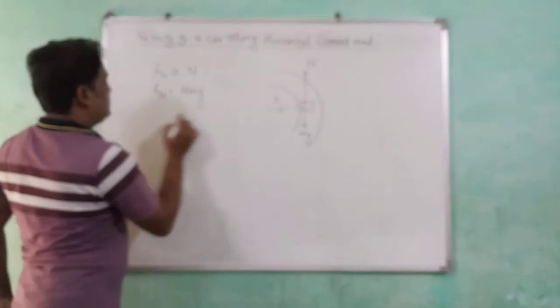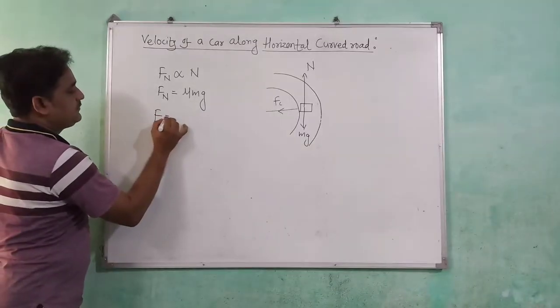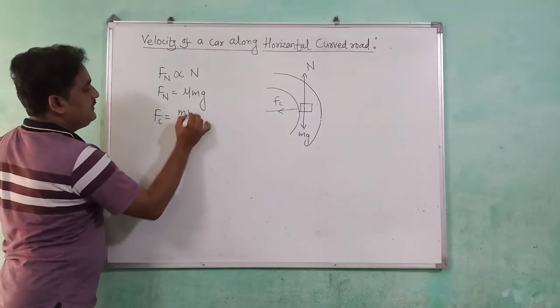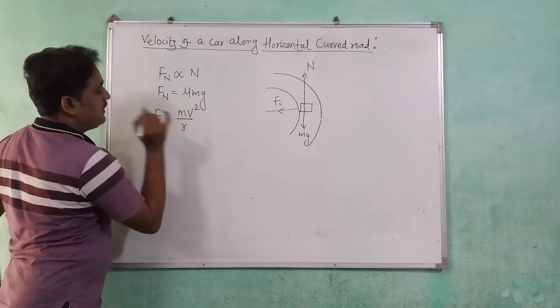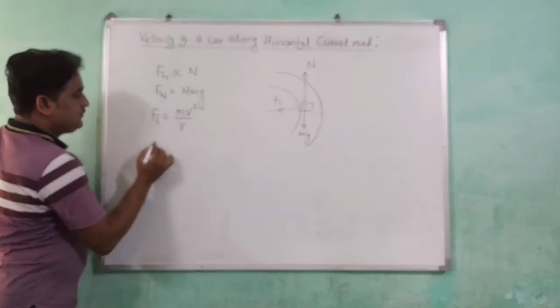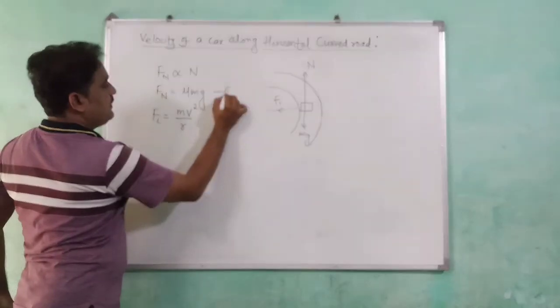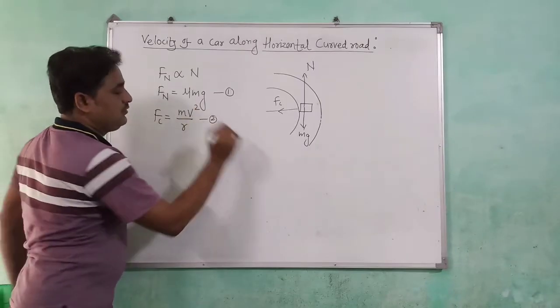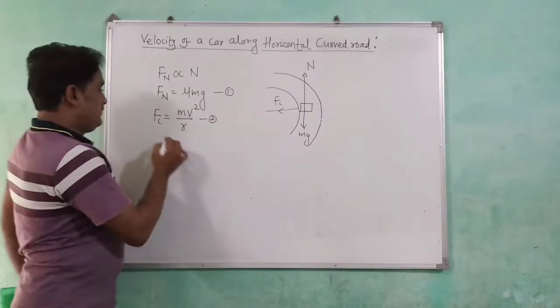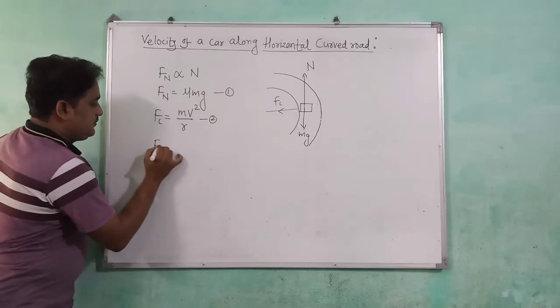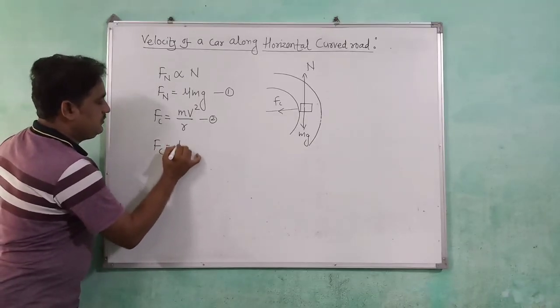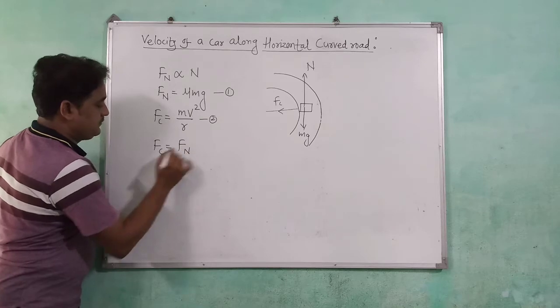Now this centripetal force, you know that the centripetal force will be equal to mv square upon r. If you balance the two forces, this is equation number 1 and equation number 2, then this force is equal to this force.